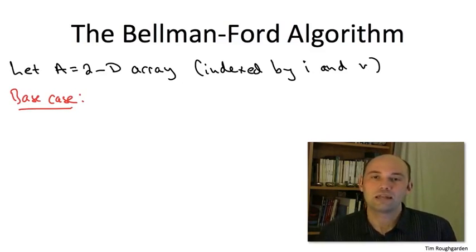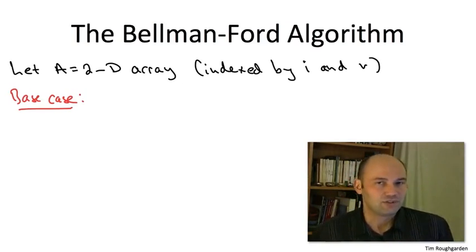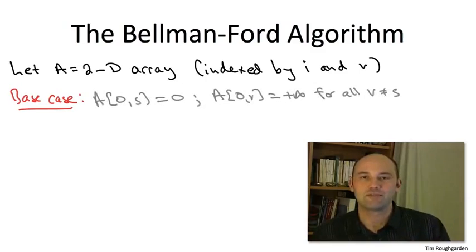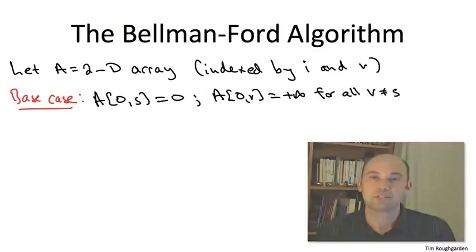So the base case is when I equals 0, and then we're talking about getting from S to some vertex V using 0 edges. Okay, well, if V happens to equal S, then you can do it with the empty path, and the length of the empty path is 0. But if V is any vertex other than S, then of course you can't get from S to V using 0 edges. And remember, in that case, we define the optimal solution value to be plus infinity.